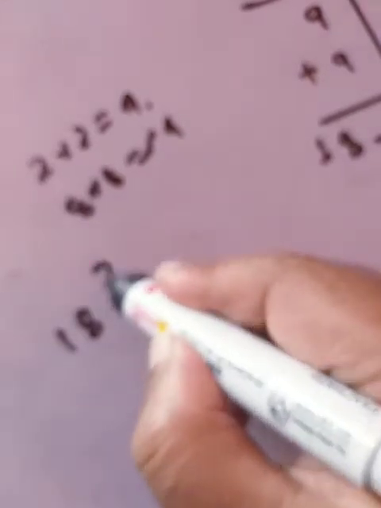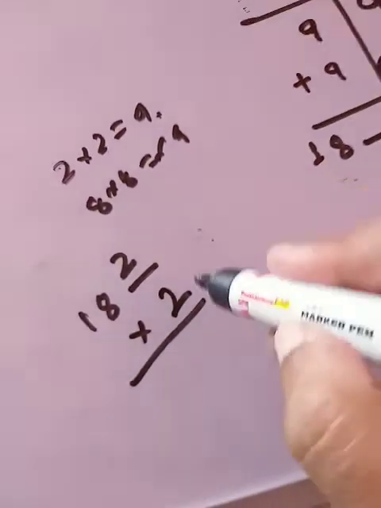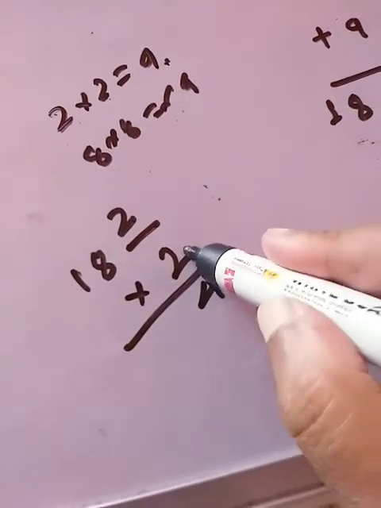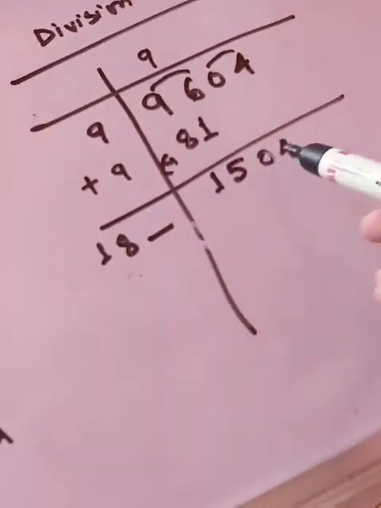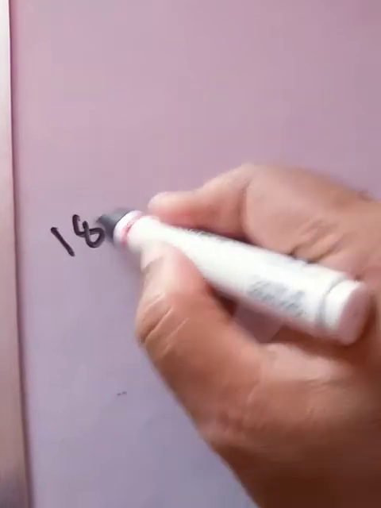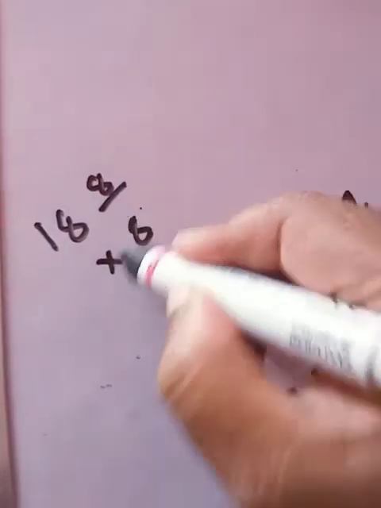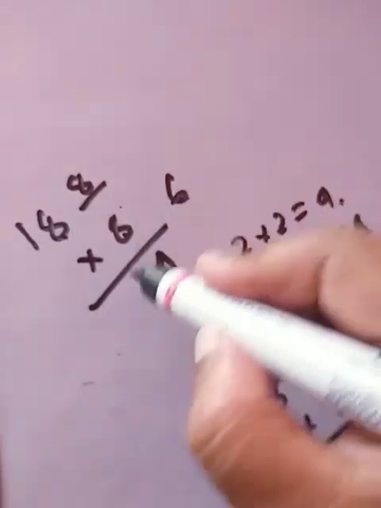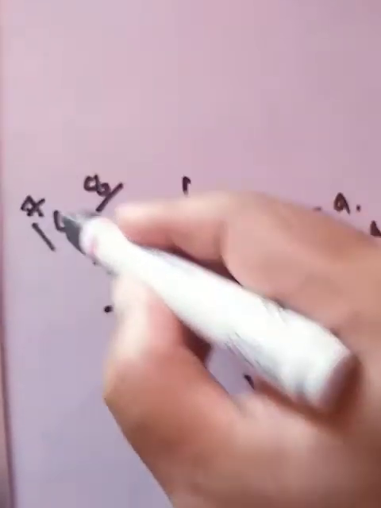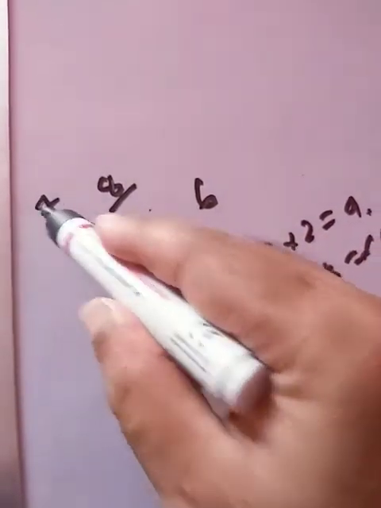First, let's see if I put 2 here and multiply with 2: 2 4s are 8, 2 8s are 16, 1 3 64. So it's not matching. So the other number is 8. 8 8s are 64, 4 and 6. 8 8s are 64 plus 6 is 70, that is 7 will go as a carry. 8 1s are 8 plus 7, 15.